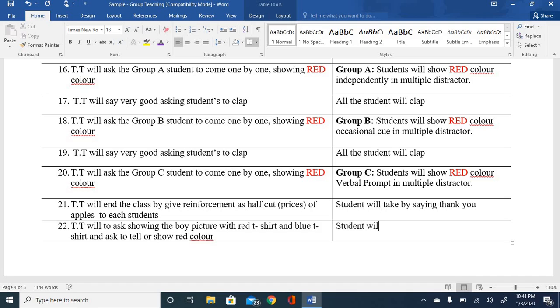The student will be able to tell. This is how you do the generalization.